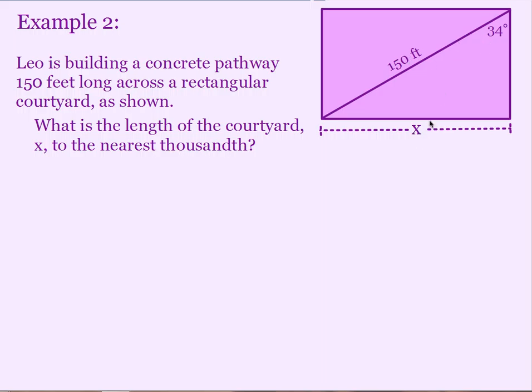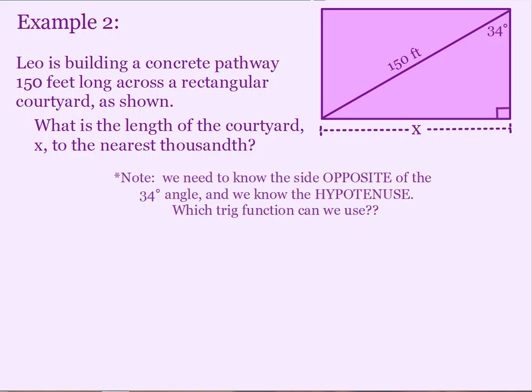What other side do I need to know? I'm missing the side opposite of 34. So I need to know the side opposite. I know the hypotenuse. Which trig function is it that uses opposite and hypotenuse? That would be sine. So I'm going to set up a sine equation.